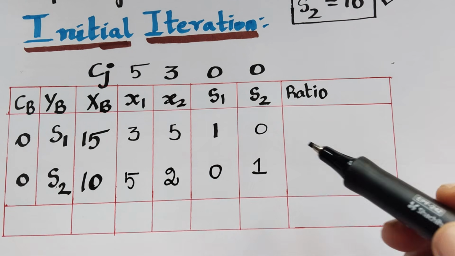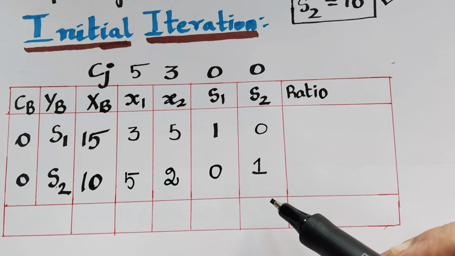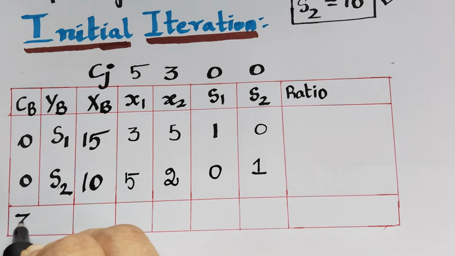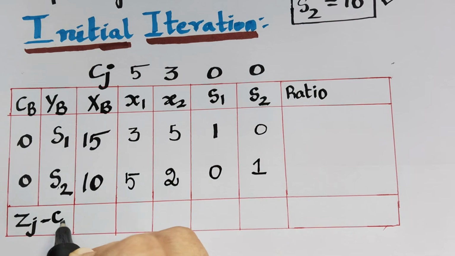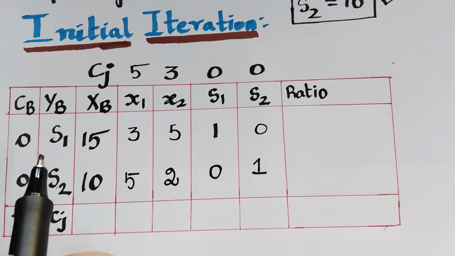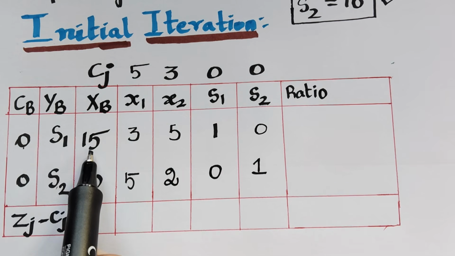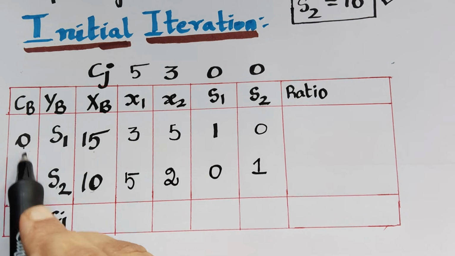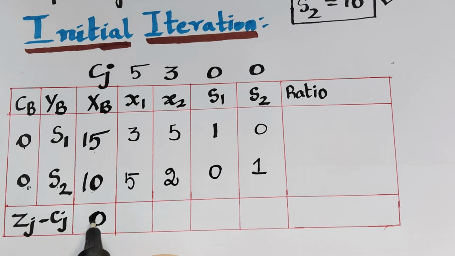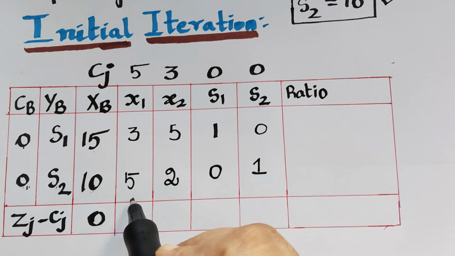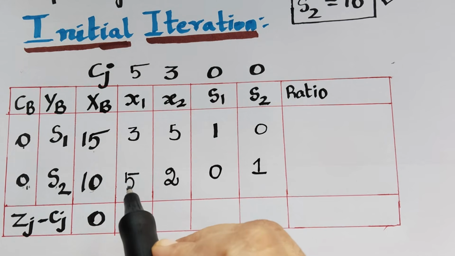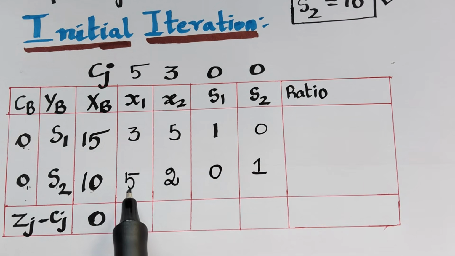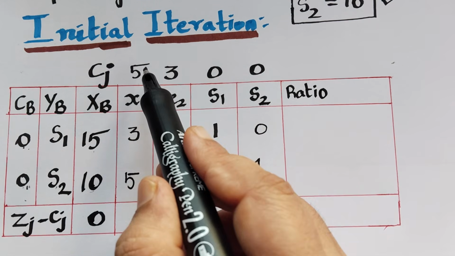Now after filling up this table, let us perform the iteration. How to do that? We have to first find Zj minus Cj. How is that found? See, 0 multiplied with 15 plus 0 multiplied with 10. Since both are 0, we will be getting 0 only here. Now for this column, it will differ a little. So remember, 0 multiplied with 3 plus 0 multiplied with 5 minus 5.